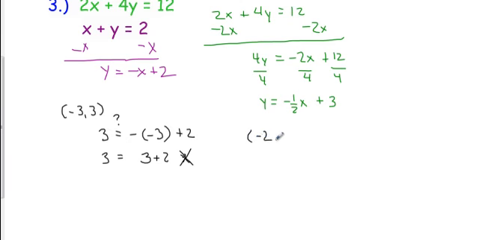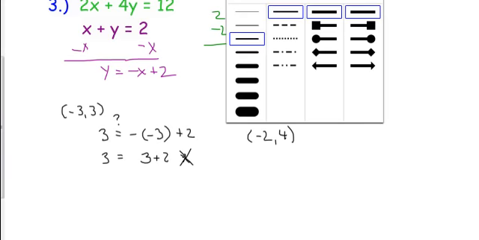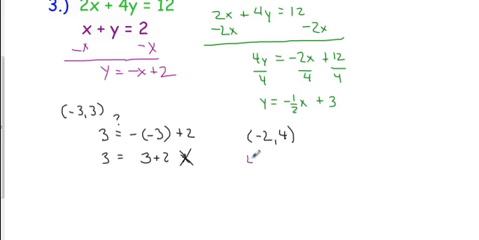Negative 2, 4. Now plug that into the purple equation. I'm going to change pens here. And that will look like y is 4. So I'm using this one right here. Y is 4, and the opposite of negative 2, x was negative 2, plus 2.